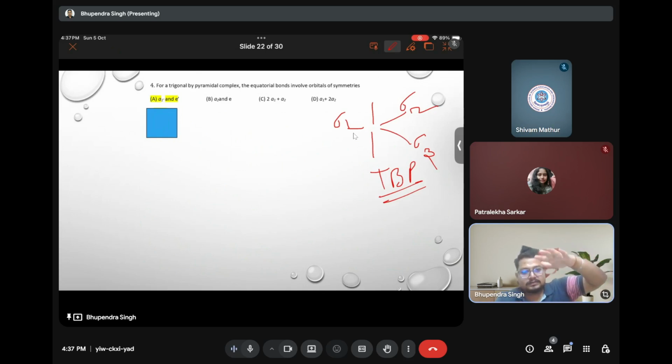So trigonal is in the plane. In bipyramidal, the other two bonds are perpendicular to this trigonal plane, one above the plane and one below the plane. TBP symmetry.